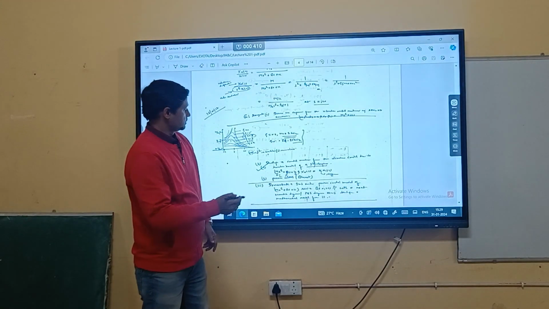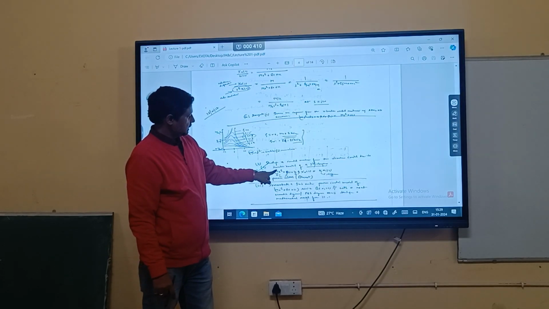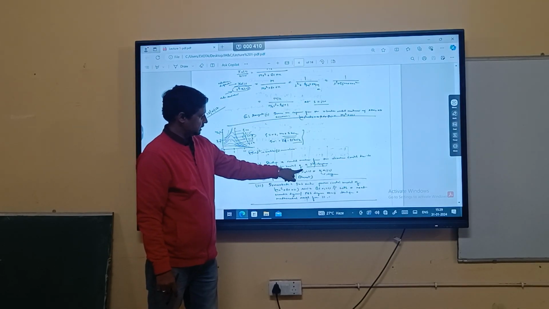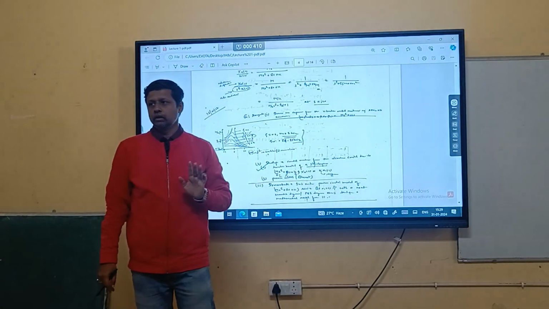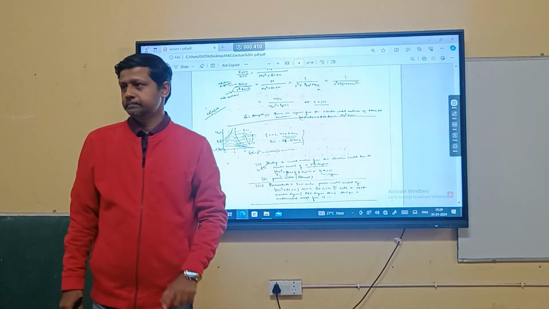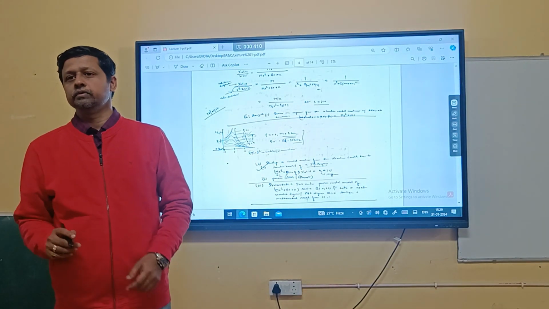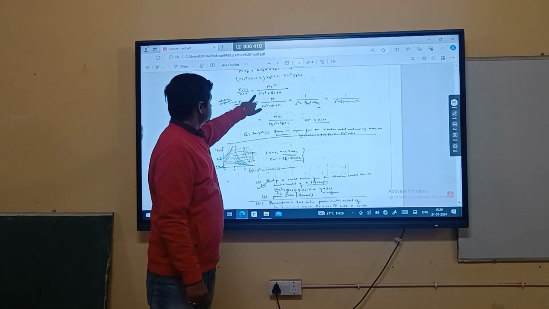For this unit, ms squared plus bs plus k into x naught of s is equal to k xi. So this is already given. Remember, now this part is given as k, not m. So there is a slight modification if you see the inputs. What was the original equation? This was the original equation.